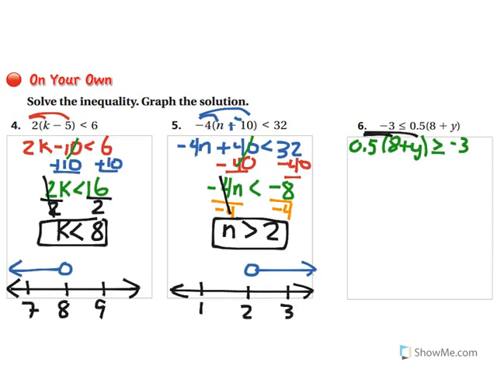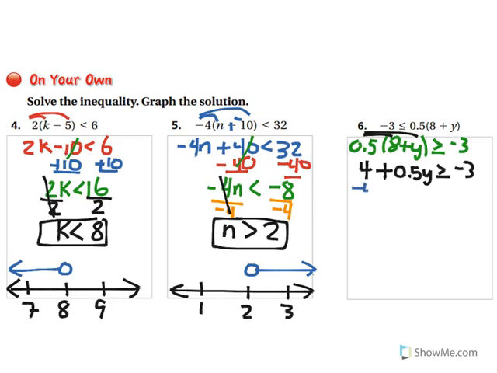Now I can distribute, and so 0.5 times 8 gets us 4 plus 0.5y is greater than or equal to negative 3. All I did was simplify.